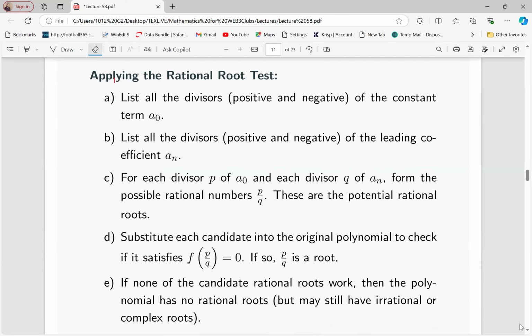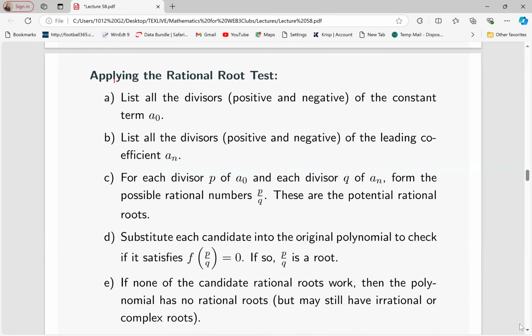We list the divisors of the constant term, then the divisors of the leading term, combine them to come up with rational numbers, and then check which of the rational numbers we've formed are roots.